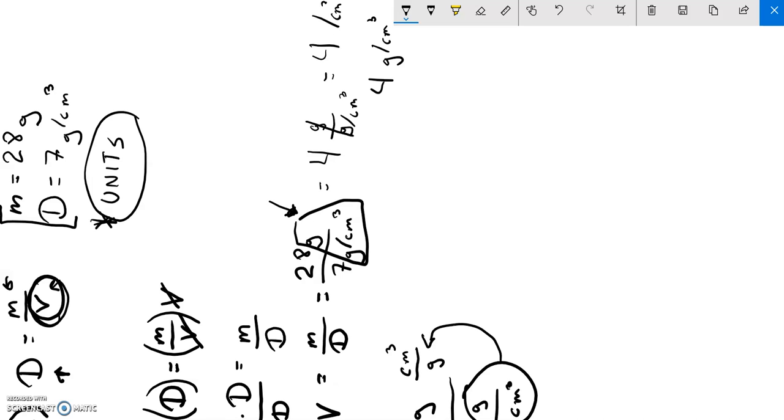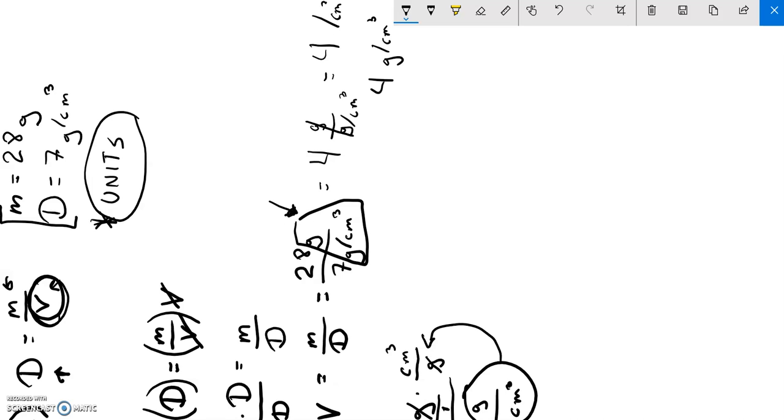And now, what do we do? Remember, if you have a number that does not have anything in the denominator, there's basically an implied 1 under there. So we're going to now multiply g over 1 times centimeters cubed over grams. And just like most of you guys said, we can cancel out those 2 grams.